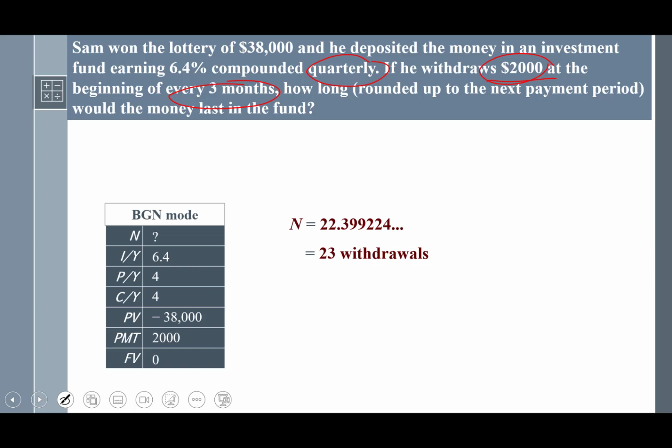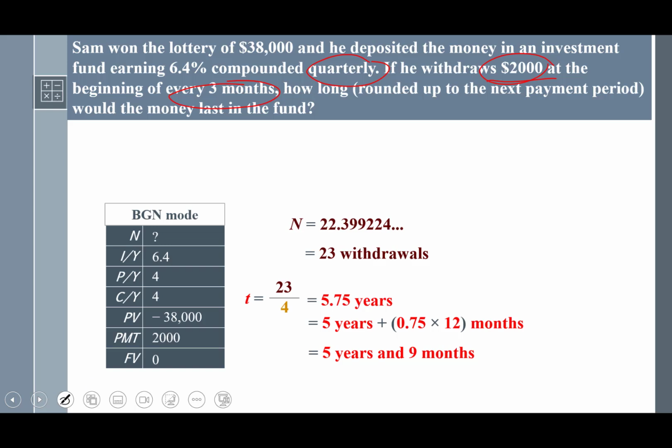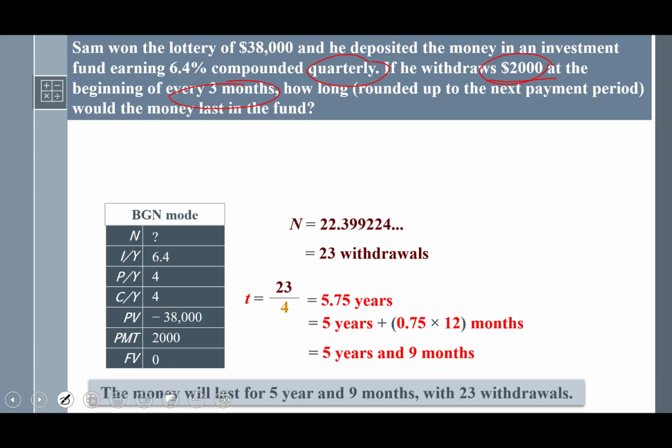But it's every 3 months, so how long in years and months? We have to divide this by 4 because it's quarterly, so there are 4 payments a year. This will give us 5.75 years. We're going to take the 0.75 and find how many months that is by multiplying by 12. And of course, that will give us 9 months. So it's going to take 5 years and 9 months, or 23 withdrawals.